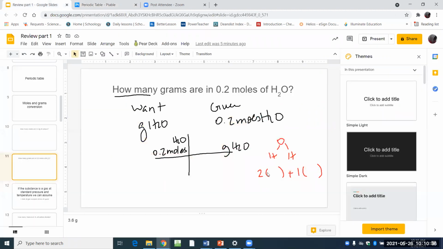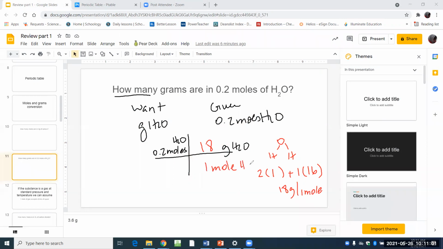I'm just abbreviating here because I'm not using a calculator, so it's easier for me to do the math. So here I'm going to put 1, here I'm going to put 16. So the total amount here would be 18 grams per 1 mole. So now I can plug this into my equation. I can say, hey, there's 18 grams of water per 1 mole.